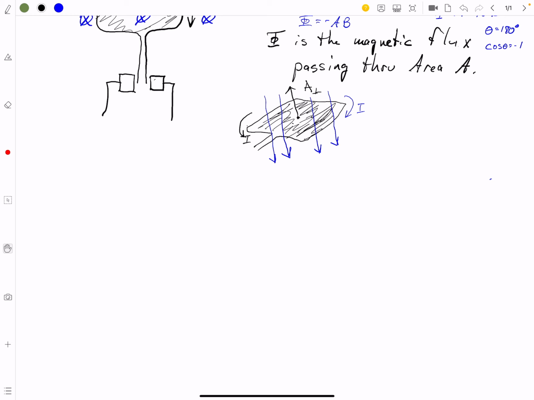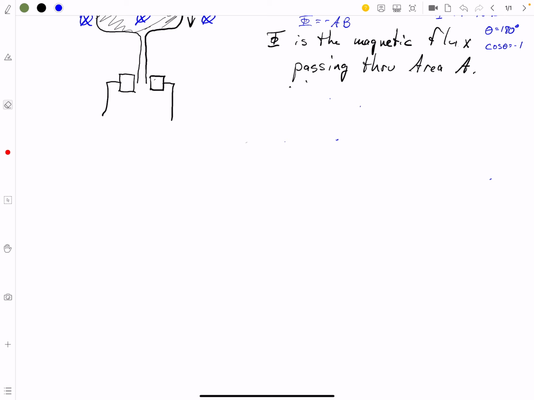I want to draw another version of this picture, a better one. You know what? Let's just erase this one. It's not as easy to erase. Okay. All right, so let's draw a better picture.